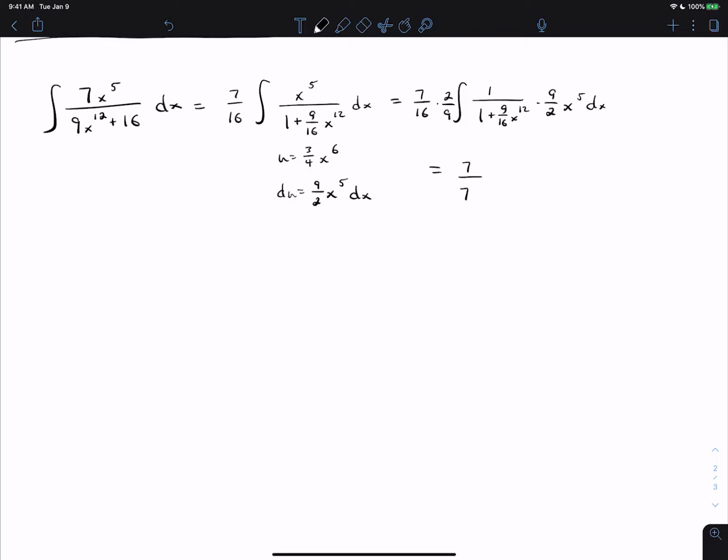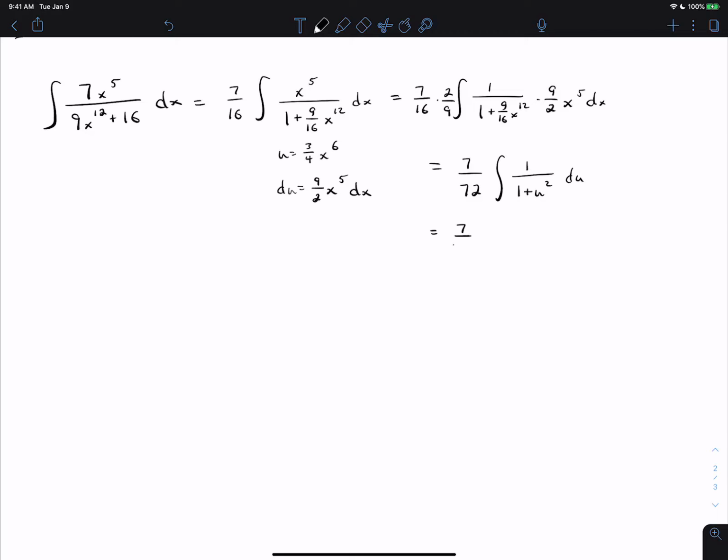That gets us 7 over 72, integral 1 over 1 plus u squared du. That's then 7 over 72, inverse tangent of u plus c, but u is 3/4 x to the 6th. And so that is our answer on this problem.